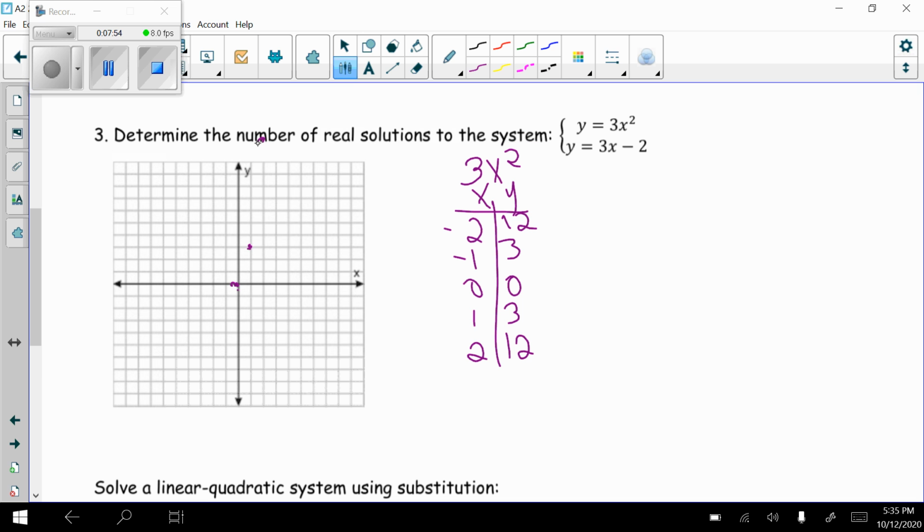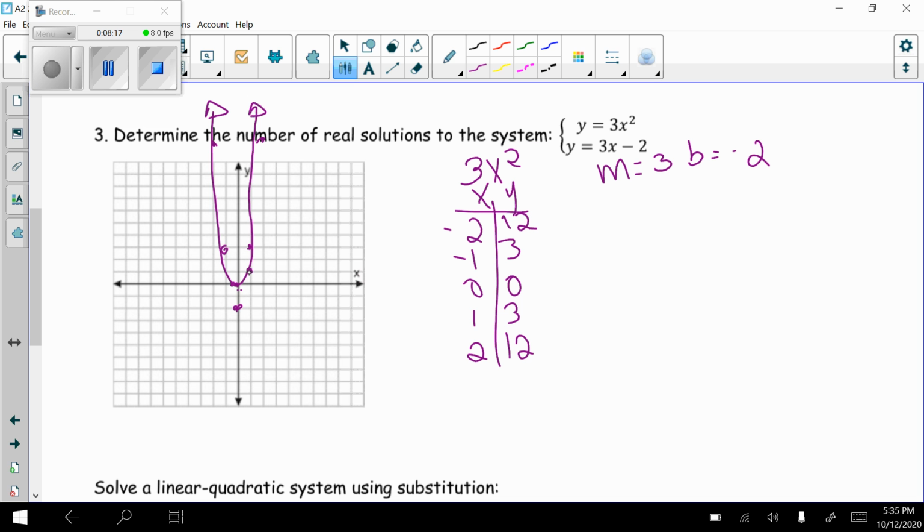Off my graph. So we're up here, so this parabola, something like that. Now the graph y equals 3x minus 2, my slope is 3, my y-intercept is negative 2. So negative 2 is where I start, up 3 over 1.